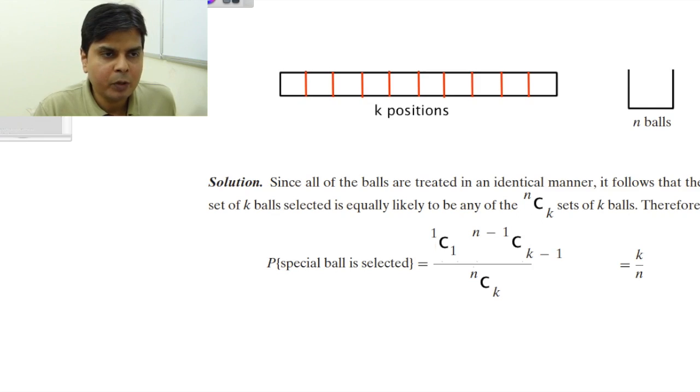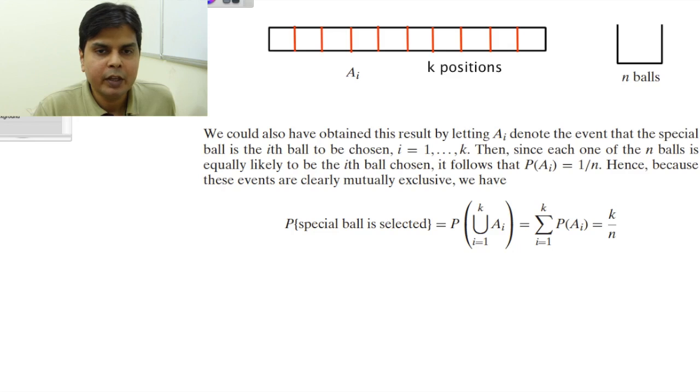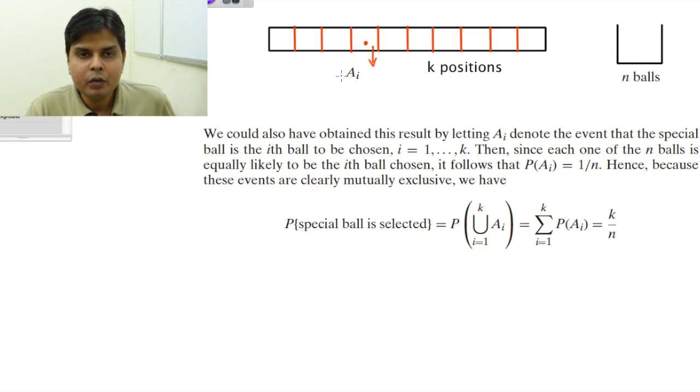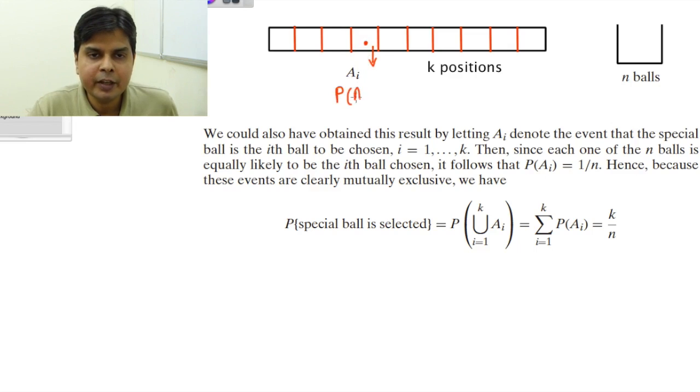Now the same problem I can solve using another method. Suppose Ai is the event that in the ith position of this arrangement of balls, the special ball is there. Suppose this is my ith position, so Ai is the event that the special ball is here. Now what will be the probability of this Ai?